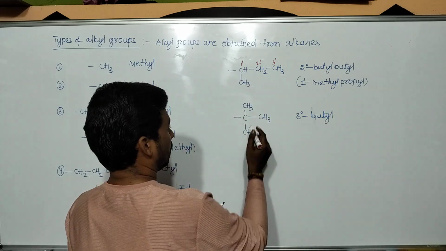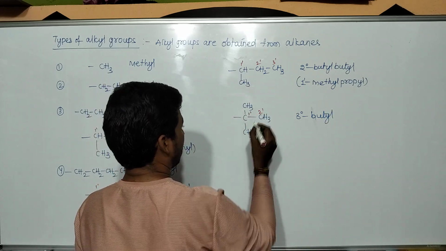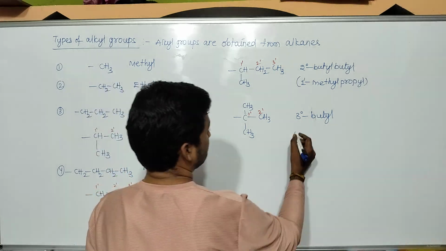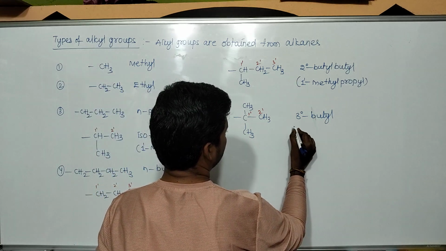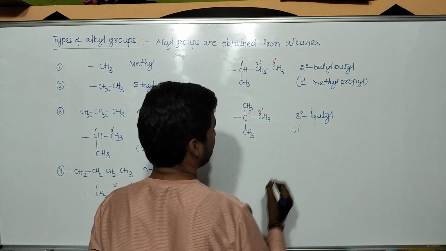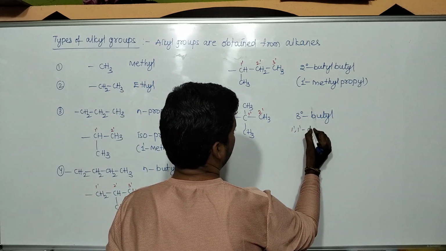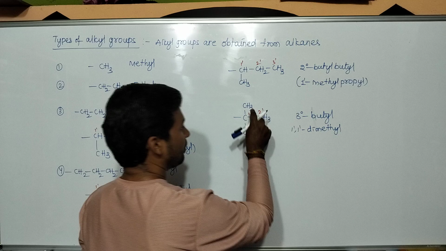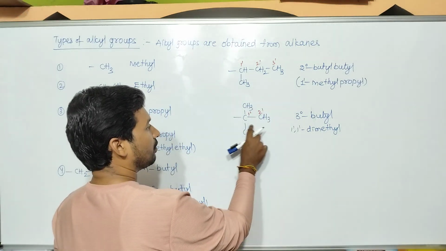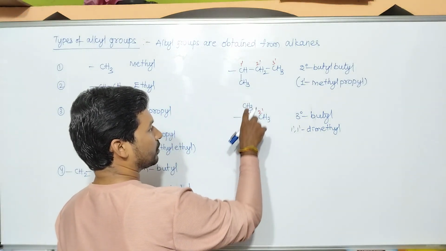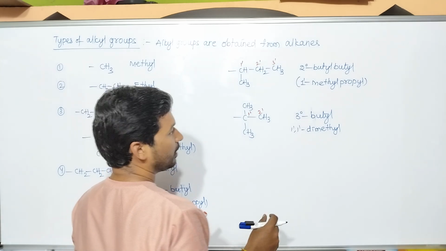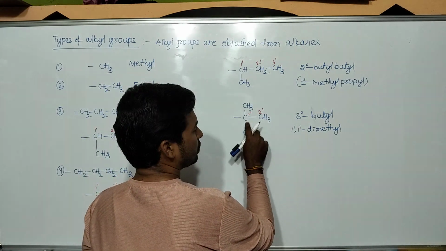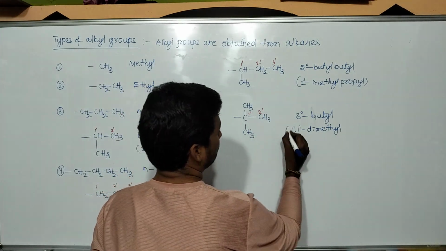This is 1 prime, this is 2 prime, so it is also written as 1 prime comma 1 prime dimethyl, since on 1 prime there are 2 methyl groups, and 2 carbon atoms, so ethyl.